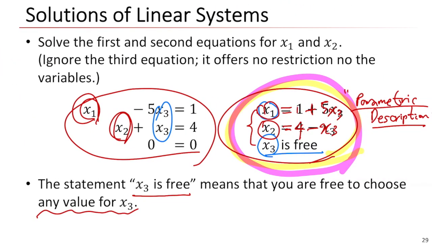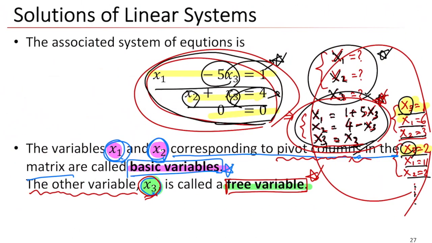So generally, we represent the basic variable in terms of the free variable. We can represent in a different parametric description, but generally we want to represent the parametric description as a basic variable in terms of free variable.